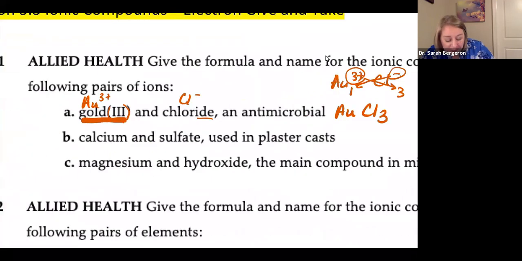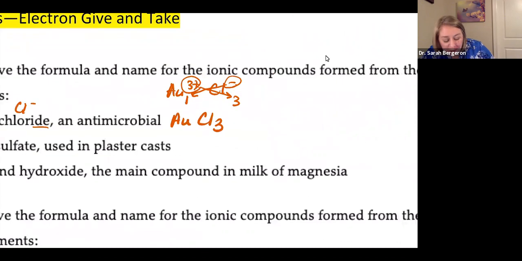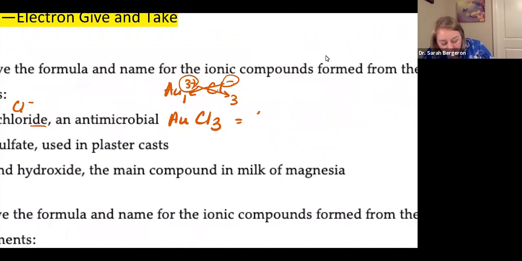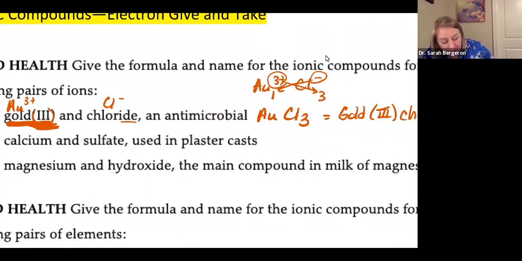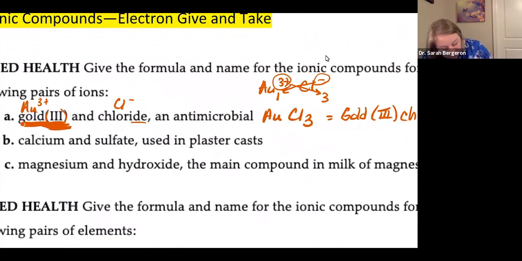Remember that gold's a transition metal, so you have to say this is gold(III) chloride. Gold(III) chloride.